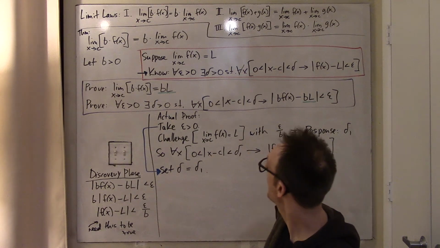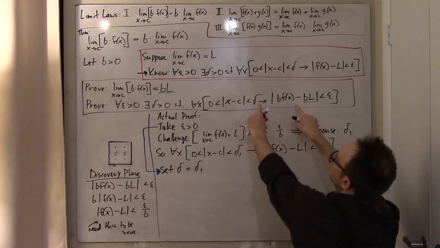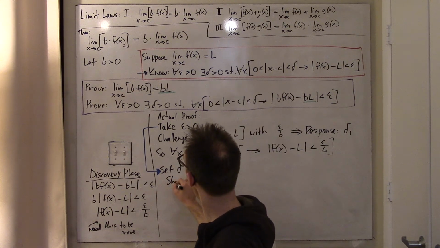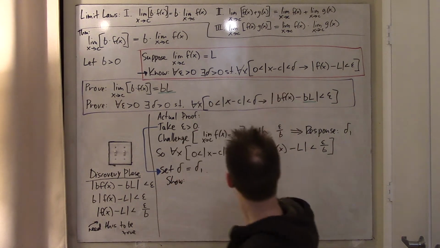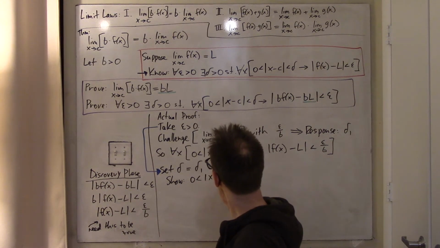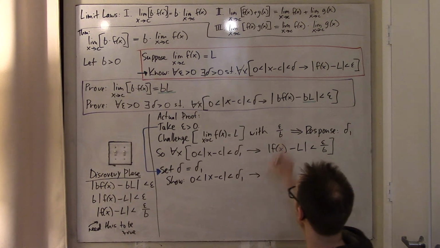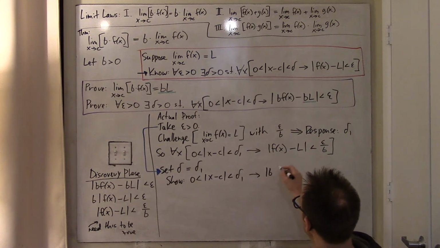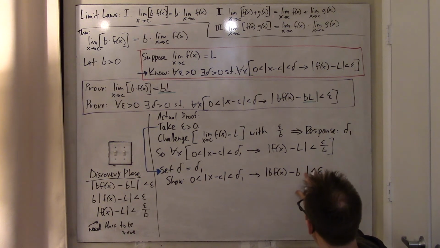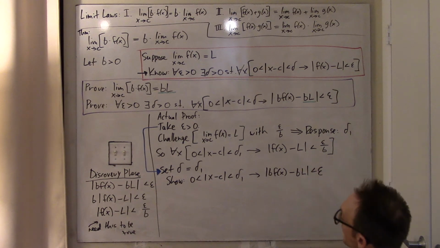Okay, and now what do I have to prove? I have to prove this conditional. So all I need to do now is show that if I am within delta 1 of C, then the gap between b f and bL is less than epsilon. Okay, how can I show this? Well, I just begin the proof.